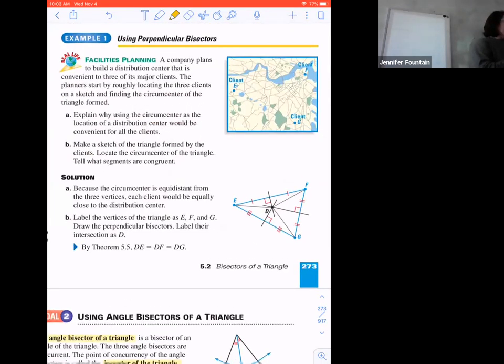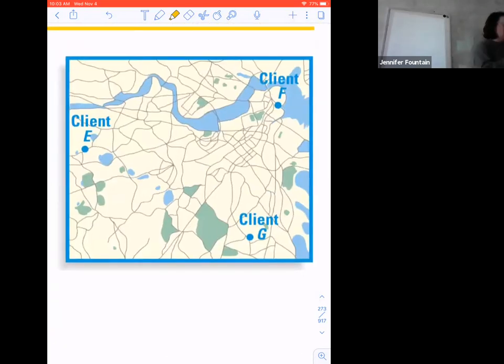A, explain why using the circumcenter as the location of the distribution center would be convenient. B, make a sketch of the triangle formed by the clients. So you can see that on this map, I would draw a triangle from E to F, from E to G, and from F to G. We can see that that forms a triangle.